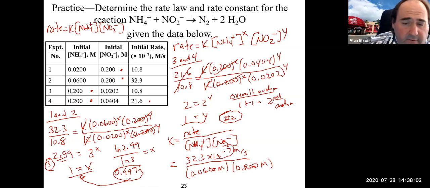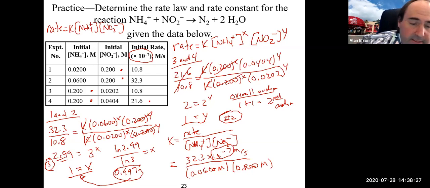Because you might have ignored it the entire time, like I kind of did, but it is right here in the table. It doesn't make a tremendous difference in terms of figuring out the orders, first order, second order, but it does make a difference for the rate constant, because otherwise you're missing that times 10 to the minus 7. So you definitely need to put it in this calculation. Otherwise you will be off.